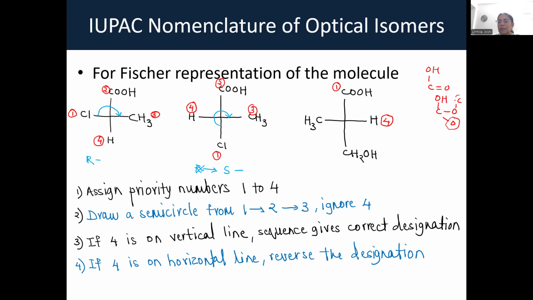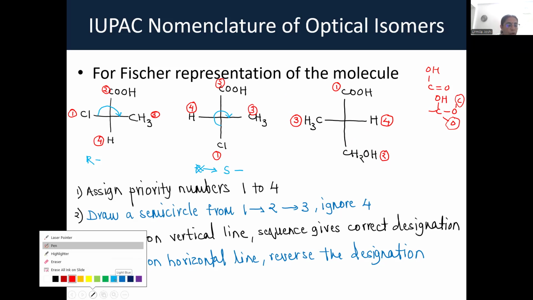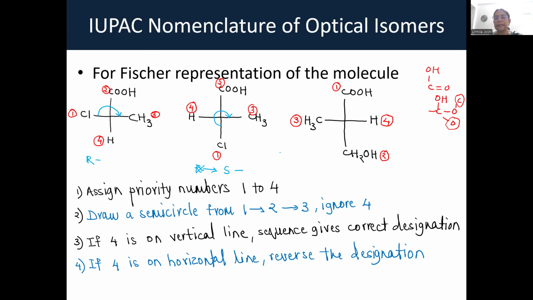This is a phantom atom, this is a phantom atom. So, it is going to be 3 oxygens attached. Here, there is only 1 oxygen attached, so it becomes 2. Here, there is no oxygen attached, only hydrogens attached to carbon, so this becomes 3, right? Now, again, forget on which line H is. Trace a semicircle going from 1 to 2 to 3. Ensure that you are going from 1 to 2 to 3. Okay.